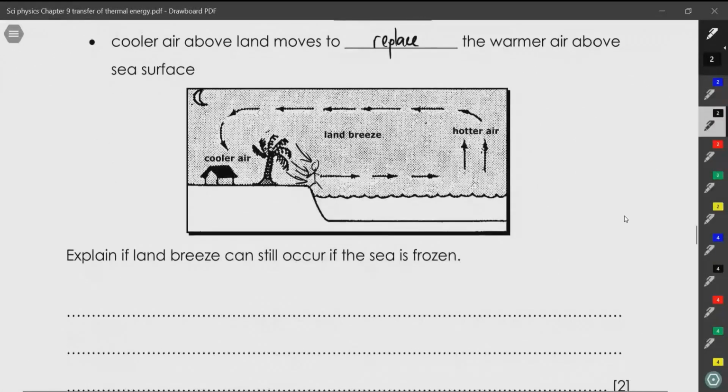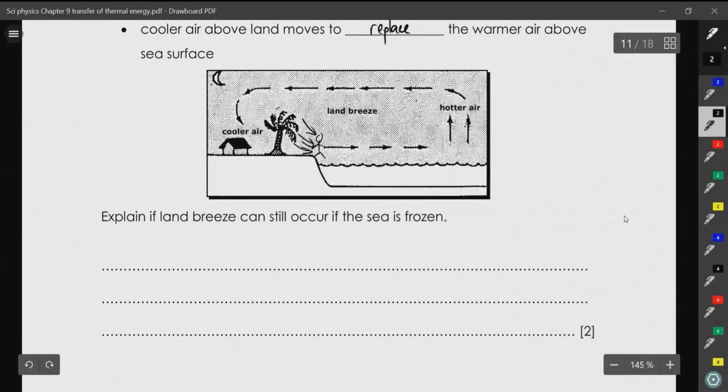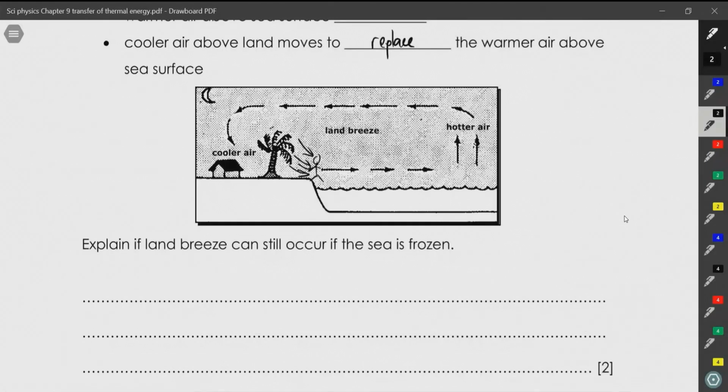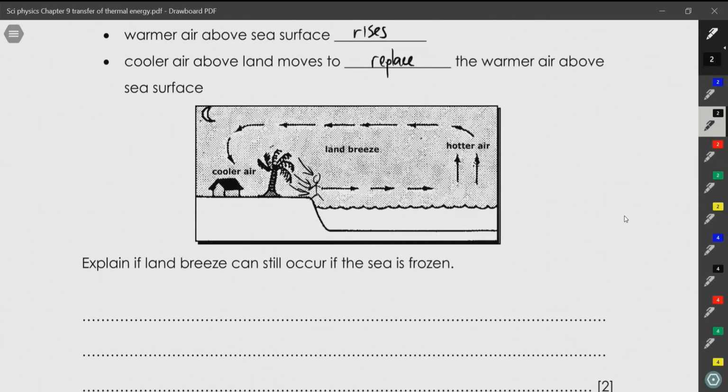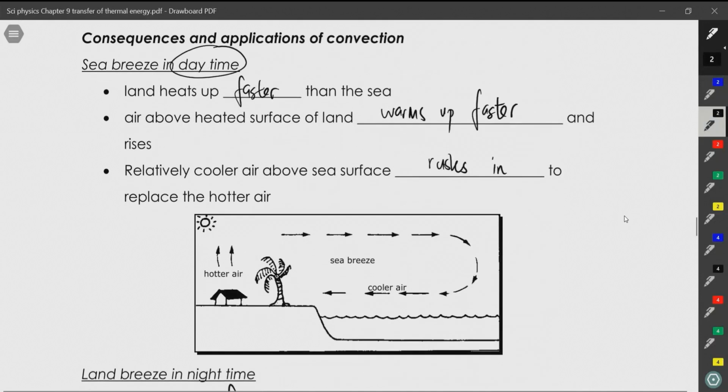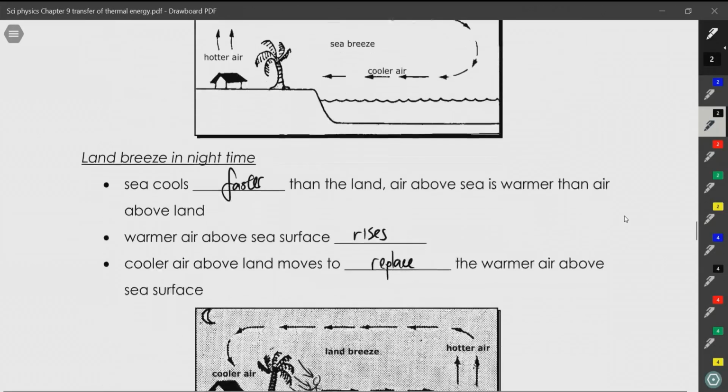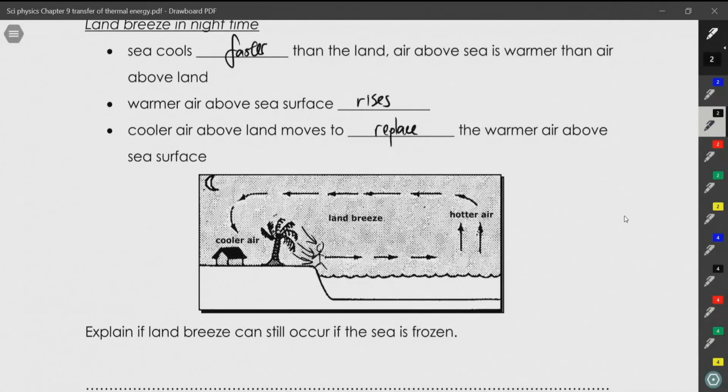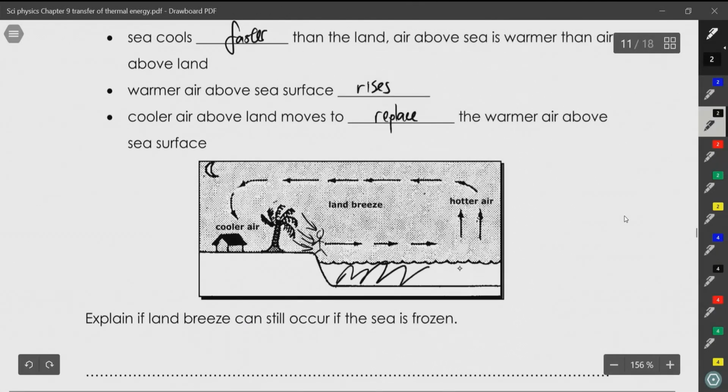Now, explain if land breeze can still occur if the sea is frozen. Can it? So it can't. If the sea is frozen, think of it this way: land and sea, now this is frozen, so obviously you have cooler air here and this will be hotter, and therefore the wind direction should change.